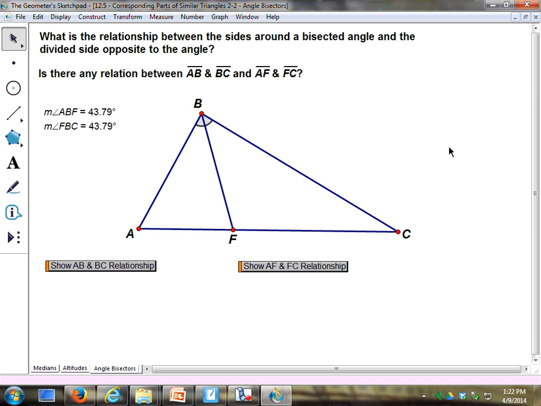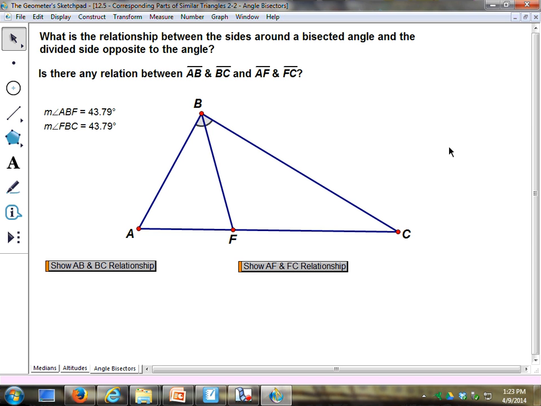If you guys are confused about what the question means, do you see the bisected angle? What are the line segments that surround that bisected angle? A, B, C, D. Good. AB or BA and BC. Now look at the opposite side to that angle.